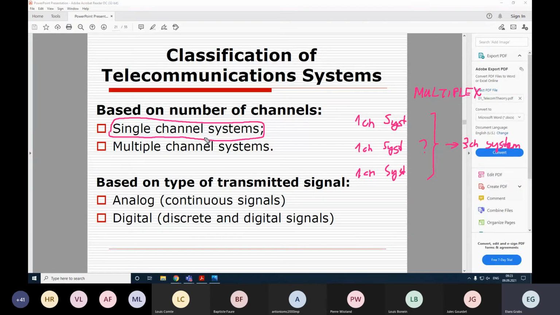So it still will work as a single channel system. All the principles will be correct, and you will have enough knowledge to understand how a multi-channel system works. Based on the type of the signal, they can be analog, continuous, or digital.